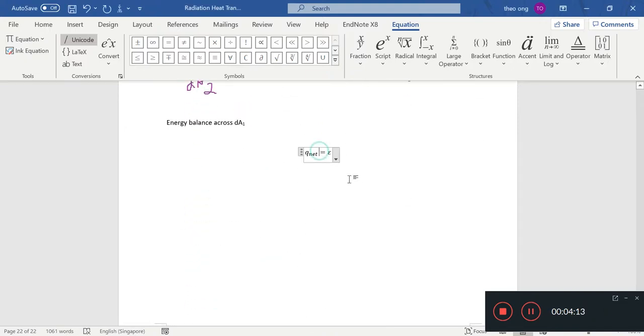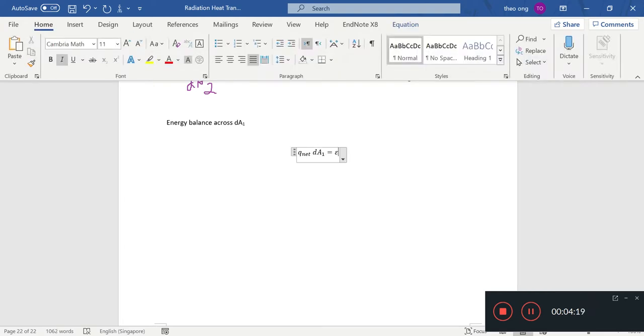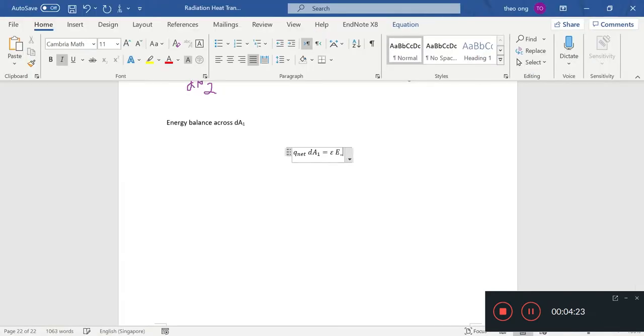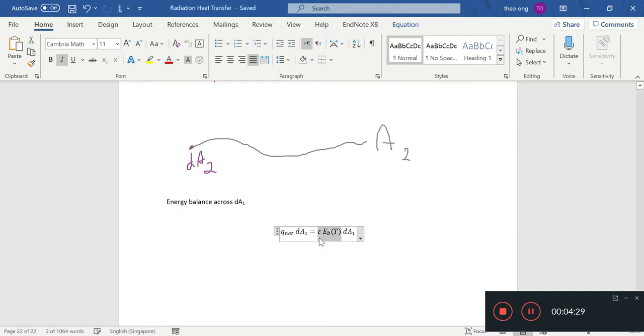Let's put dA1 first just to make it clear. So this is the emissivity times EB T dA1. Why is there this emissivity here? Emissivity is the ratio between the heat emitted by the surface and the heat emitted by a black surface.